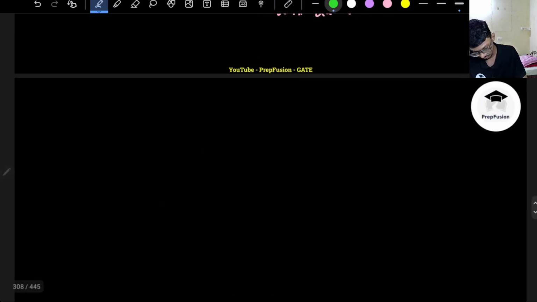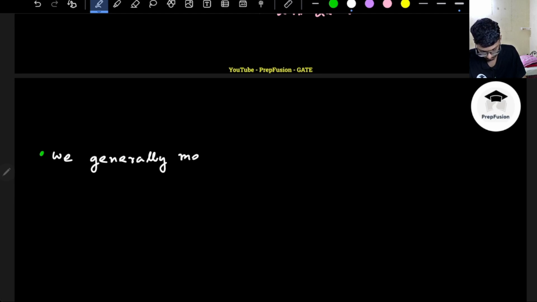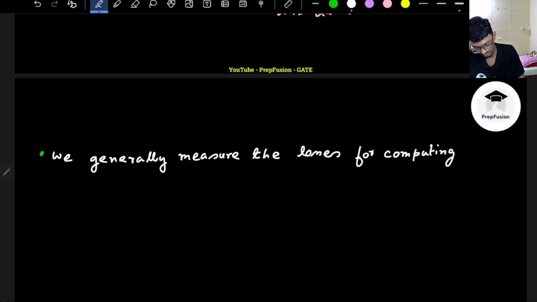So I will write here the points that we generally measure the losses for computing efficiency.